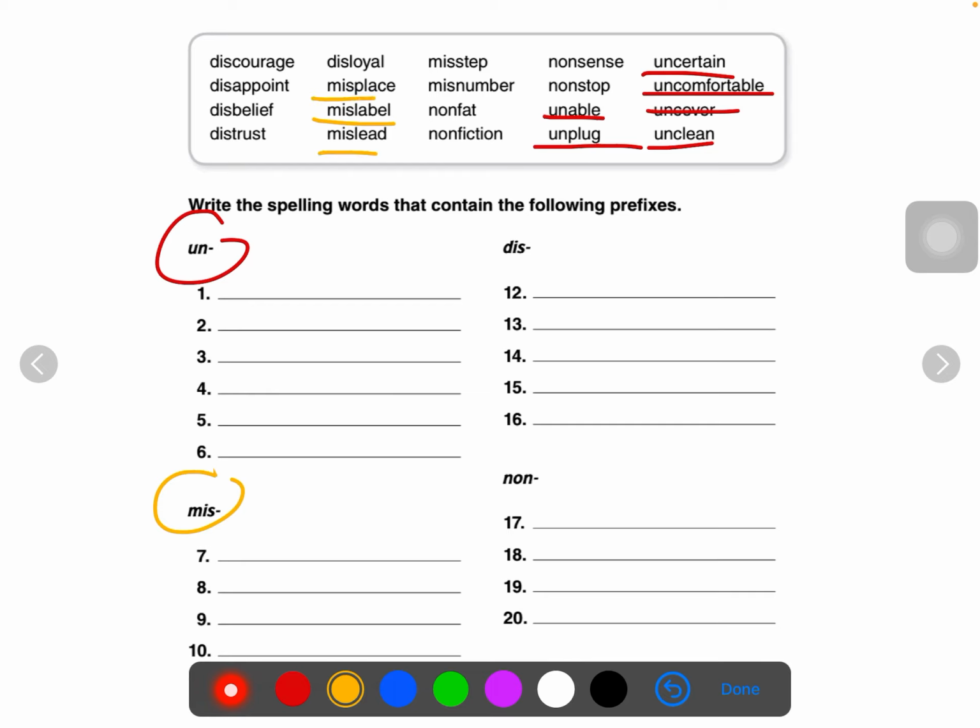What else? Yes, that's it. And misstep. Then we have dis, like discourage, disappoint, disbelieve, distrust, disloyal. Then we have non-fiction, non-fat, nonstop, nonsense. Also we have mis with this one.